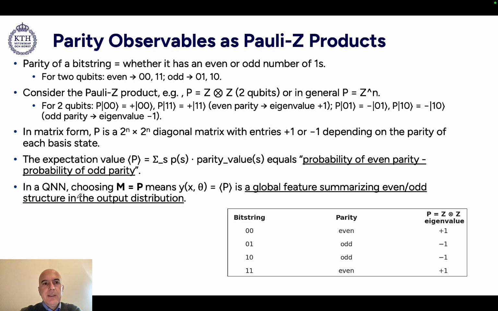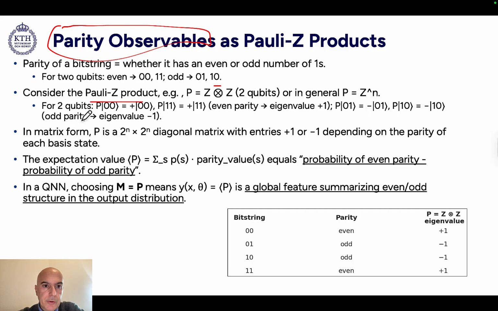Quite an important observable is the so-called parity observable. I already discussed a little bit the concept of parity. Given a bit string, we basically count the number of 1s, and then we say if it's even or odd. It turns out that we can build such a parity observable by considering a tensor product of Pauli Z gates.